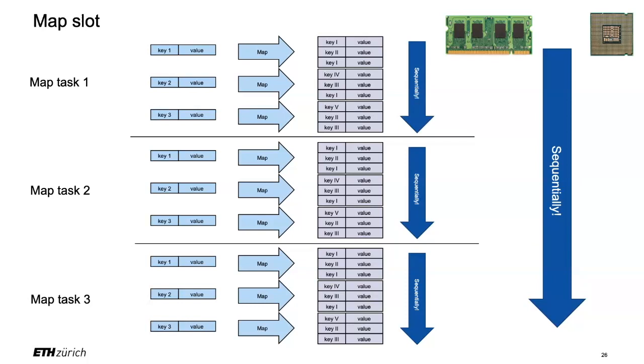It's like Alice sitting at the table, processing one batch of postcards, and then a second batch of postcards, and then a third batch of postcards. In the same way, my slot, my CPU, is processing a task, and then another task, and then another task. This is sequential. It's sequential within the task, where the function is called sequentially, and also outside of the task, because the tasks are taken care of one after the other by the virtual core, by the slot.